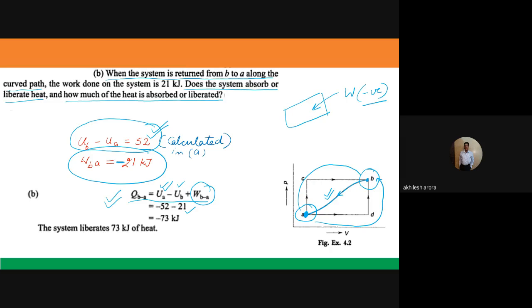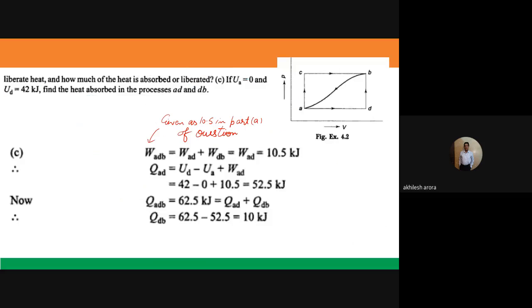So the value will be minus 52, because UB minus UA is 52. So it is minus 73 kilojoules. It means heat is leaving the system. So QBA will be equal to minus 73 kilojoules. Heat is going out of the system. Now let us see part C.